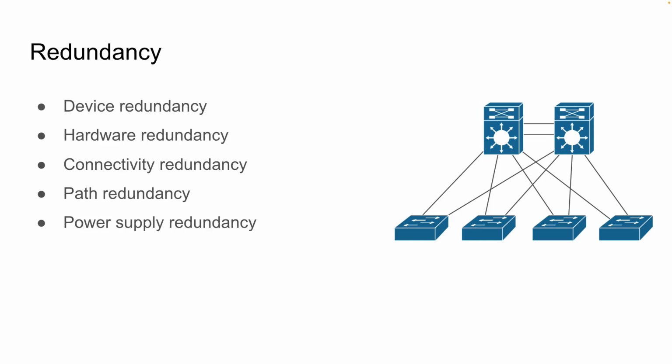As we will see later, when we talk about spanning tree protocol, it allows for physical redundancy of connections and devices, but it doesn't allow path redundancy. It always blocks one or multiple connections between switches to leave only one active path between any two endpoints connected to your network. And last but not least is power supply redundancy.